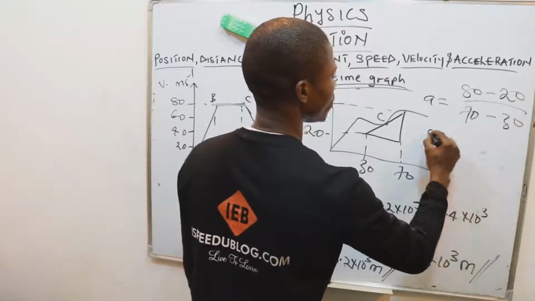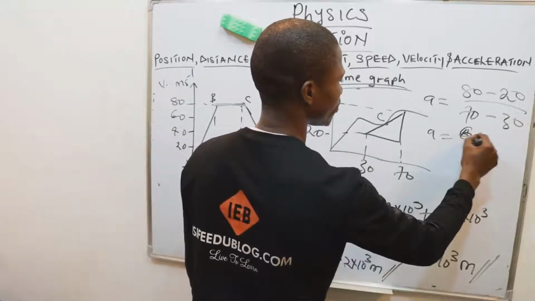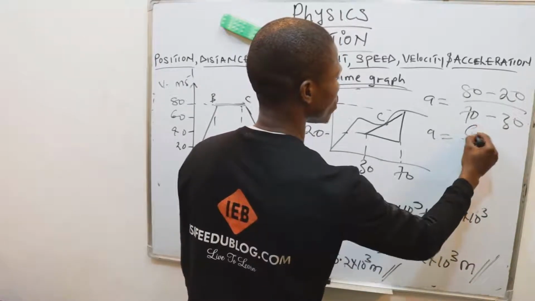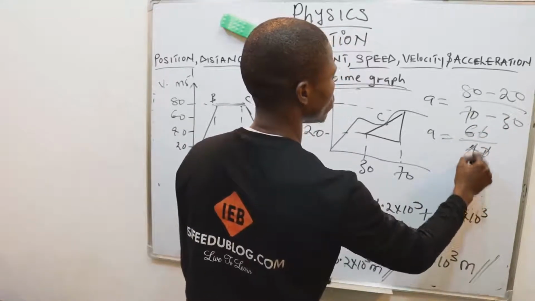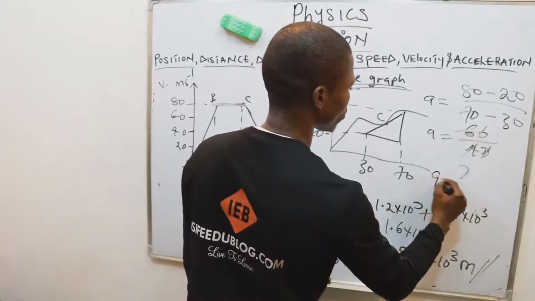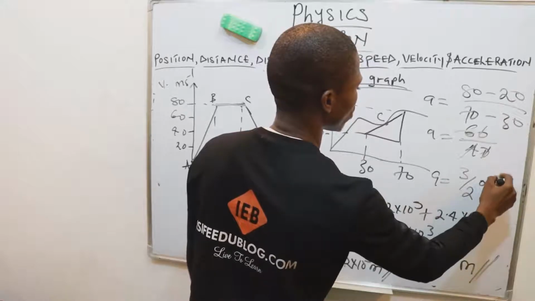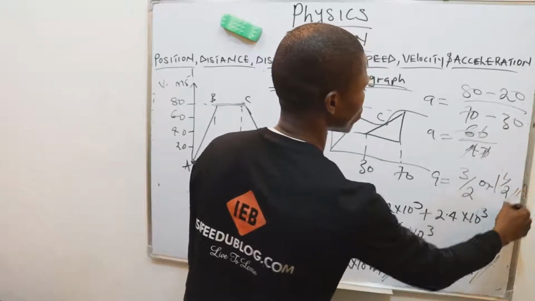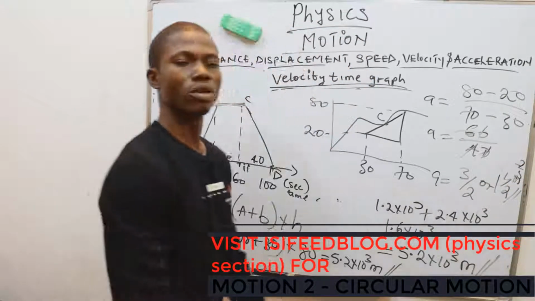So 80 minus 20 is 60, over 40. If you cancel, our acceleration will be 3 over 2, or 1 and 1 over 2 meter per second squared.